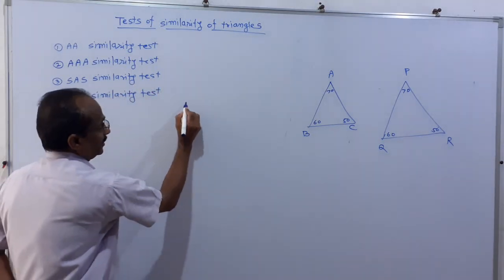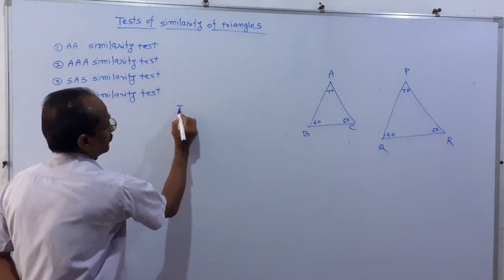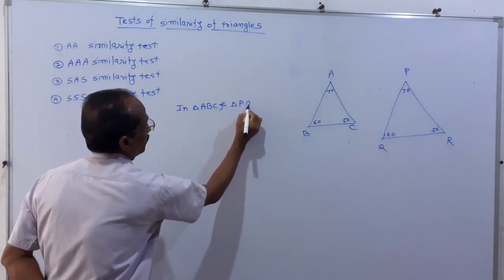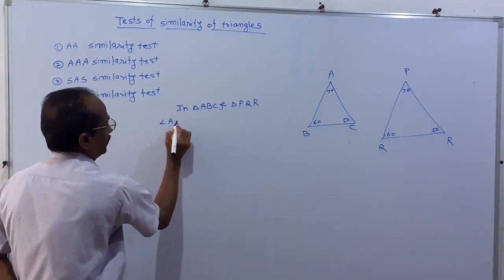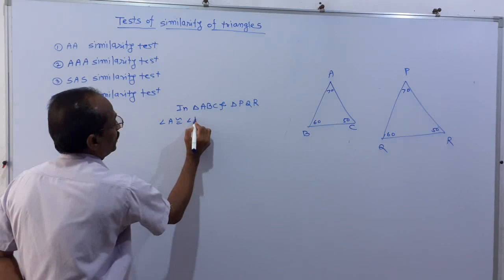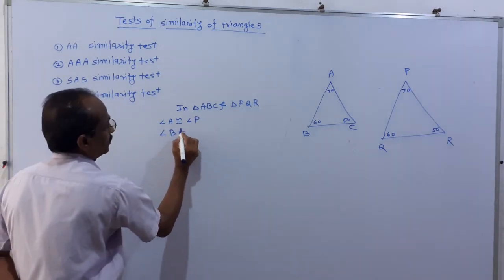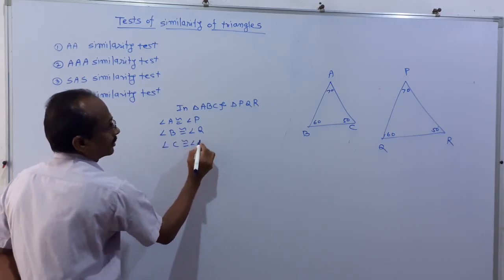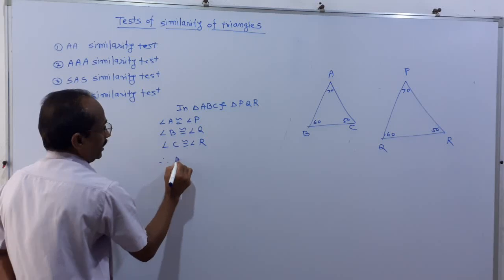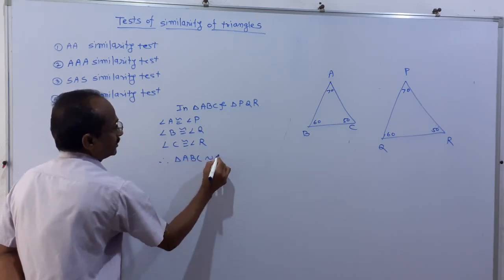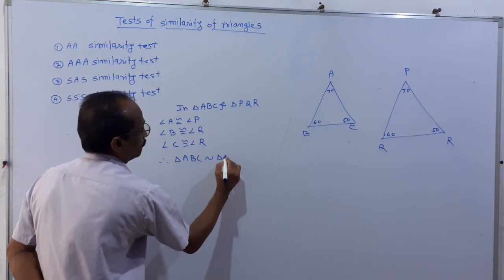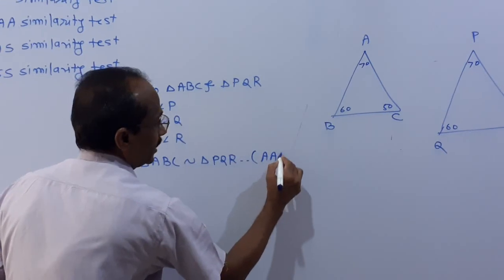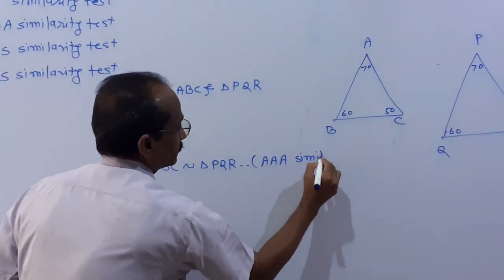Then we can say that for the given pair of triangles, in triangle ABC and triangle PQR, angle A is congruent to angle P, angle B is congruent to angle Q, angle C is congruent to angle R, and therefore triangle ABC is similar to triangle PQR, and this test is called the AAA similarity test.